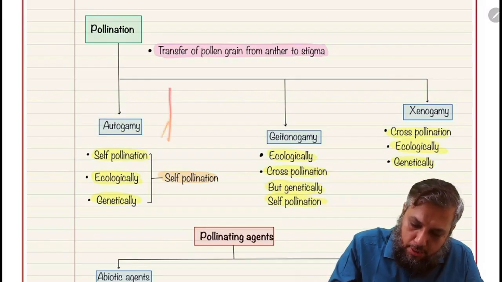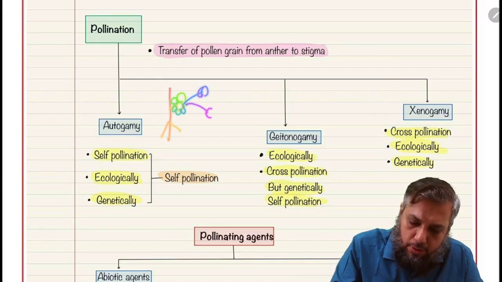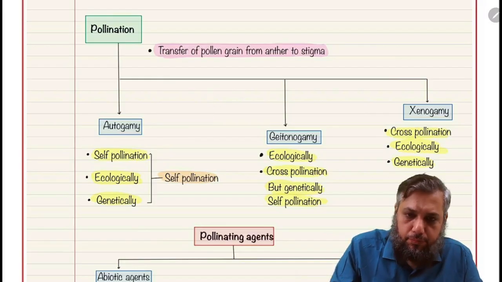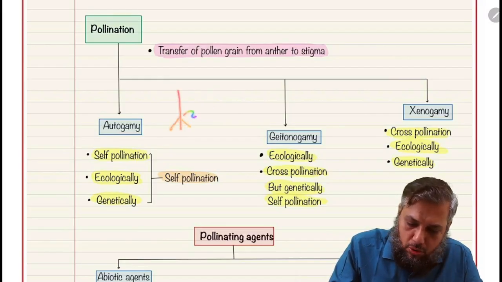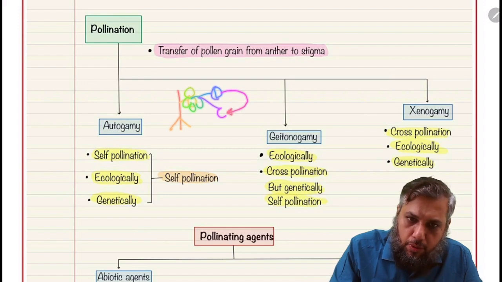So this is a plant with a flower having both stamen as well as the carpel. So now in this case, there is transfer of pollen grain from the anther to the stigma of the same flower.